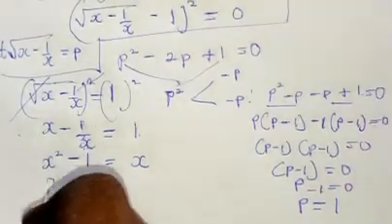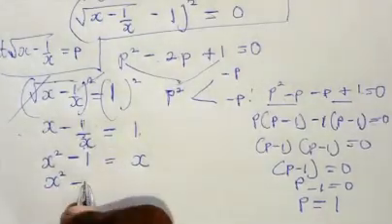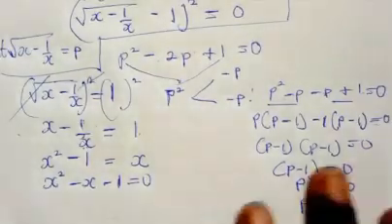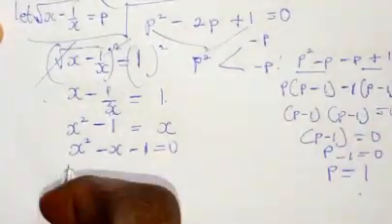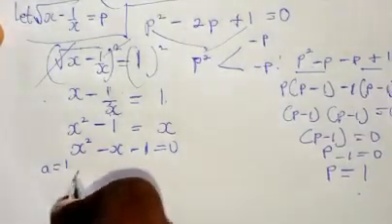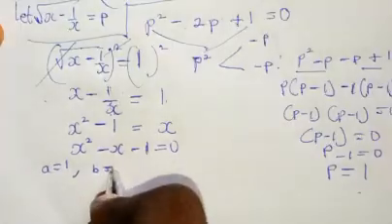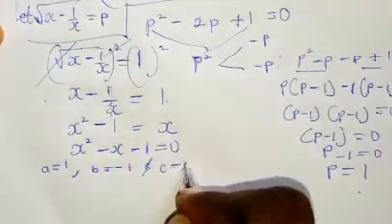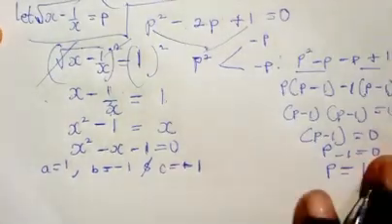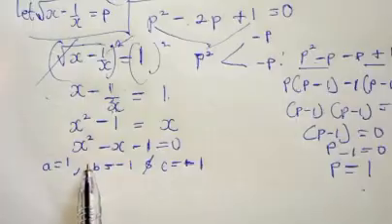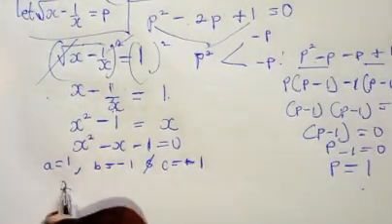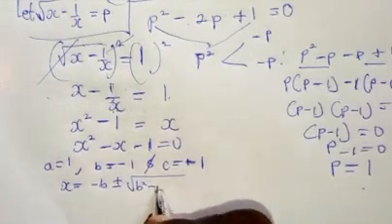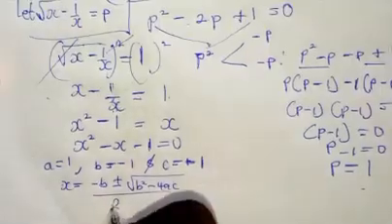So you can see that this is another quadratic equation again. So let's use the quadratic formula, x squared minus x minus 1 equals to 0. Using the quadratic formula, you know that a is equals to 1, b is equals to minus 1, and c is equals to minus 1 also. Now, we know that the formula is minus b plus or minus root b squared minus 4ac all over 2a.